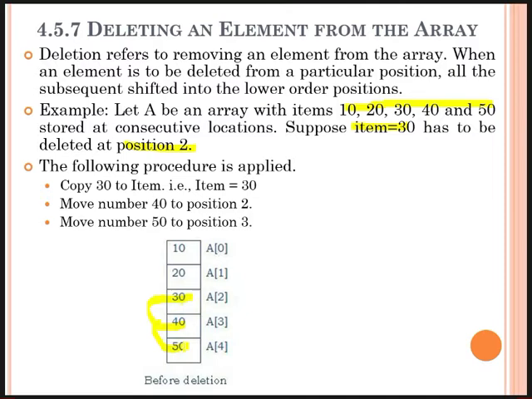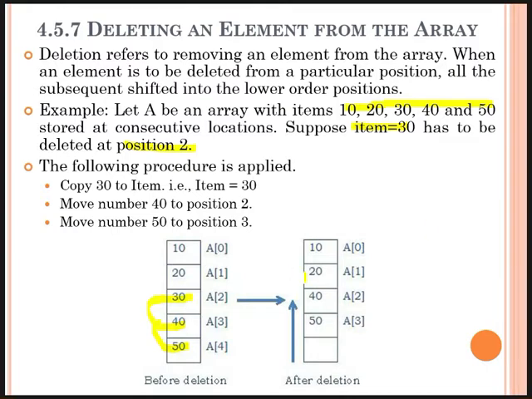Similarly, move 50 to position 3 and decrease the count of the elements by 1. The number of elements, if it is n, decreases to n minus 1. So after deletion the array appears in this way.